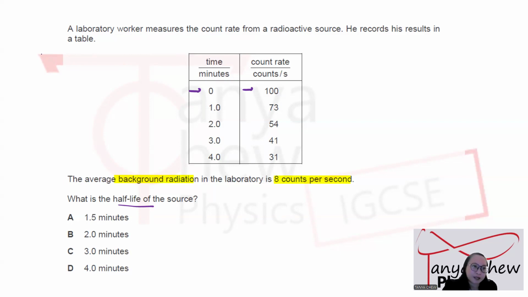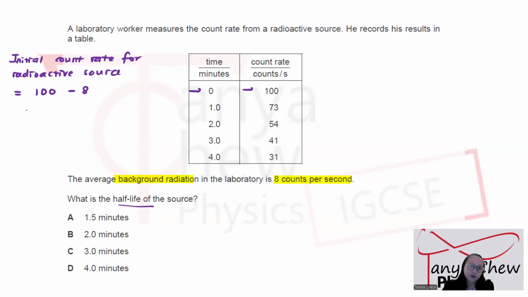So I need to find my initial count rate for radioactive source only, which is equal to 100, the detector reading, minus the background, which is 8 counts per second. So when you minus it, you get 92 counts per second. This is the initial count rate related to radioactive source only, right?